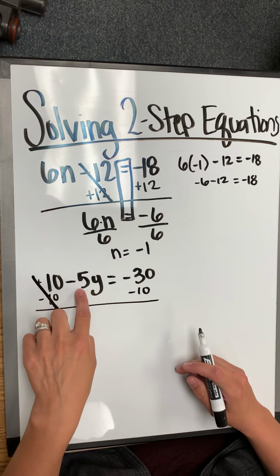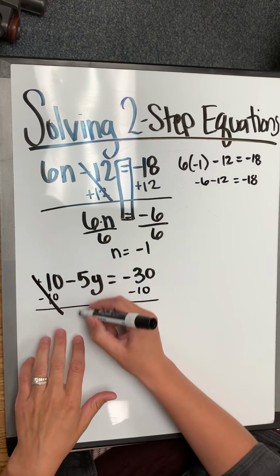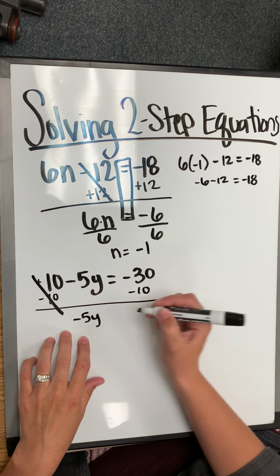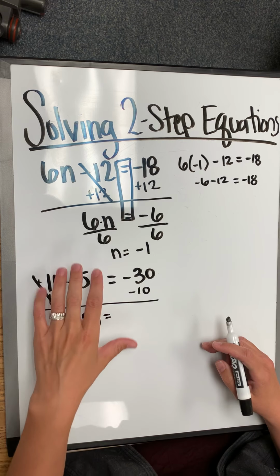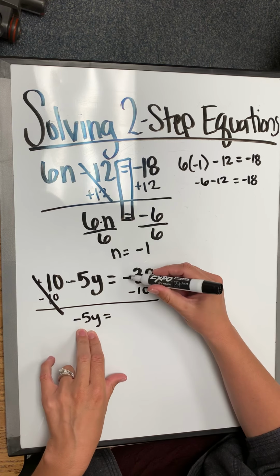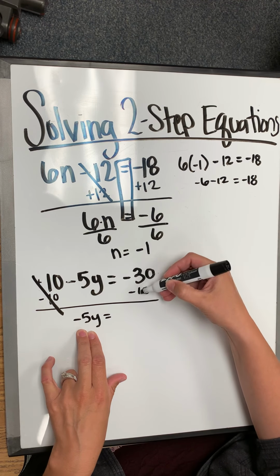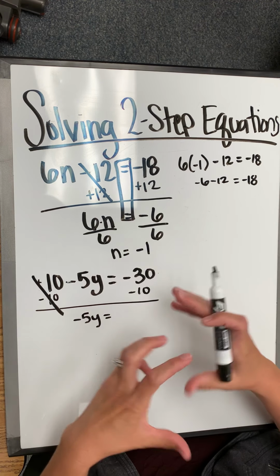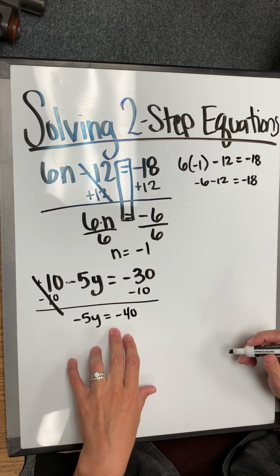That negative is connected to this 5, and they're connected to the y, all right? So when we bring it down, negative 5y, always keep that sign in front, all right? We'll bring this down, and then over here, a negative 30 minus 10, I have two negatives that I'm combining to get a bigger negative number. So that will give me a negative 40.